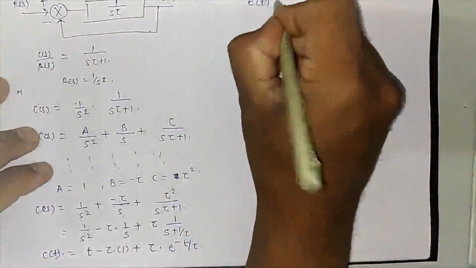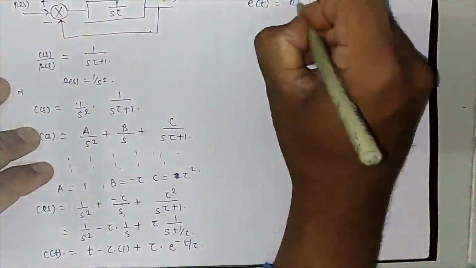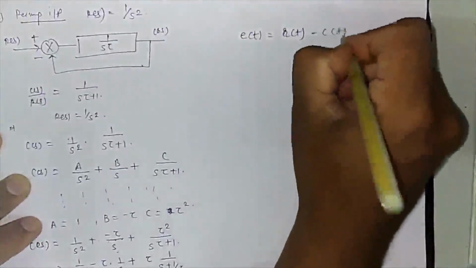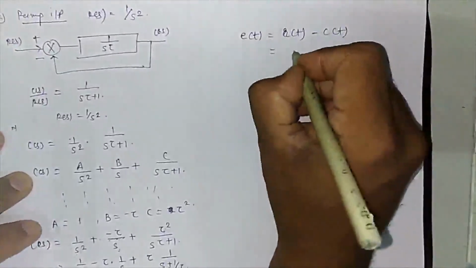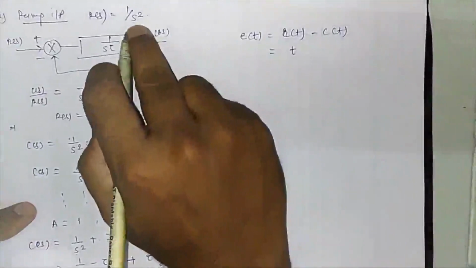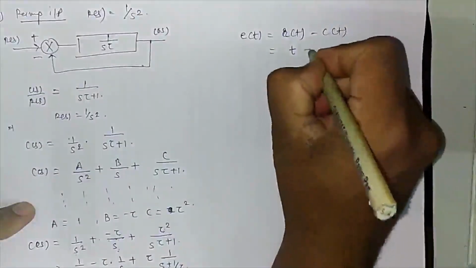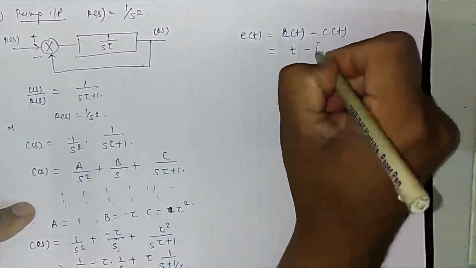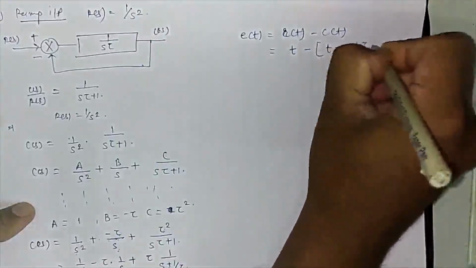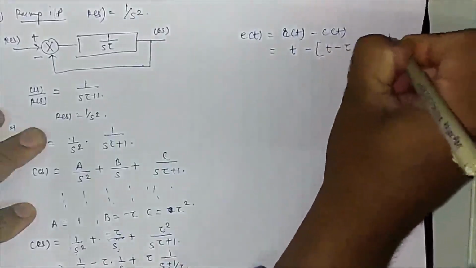So here e(t) is equal to r(t) minus c(t). What is r(t)? It is nothing but t. I am writing in the time domain because it is a ramp input. It will be t minus c(t). What is c(t)? t minus tau plus tau into e raised to minus t by tau.